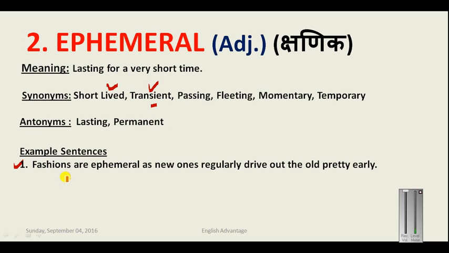So ephemeral means something that exists for a very short period of time, or you can say transient. Transient is a good word. It's a very important word, and this word has already come in many competitive exams like SSC-CGL and in the IBPS Bank PO exam also this word has been used.